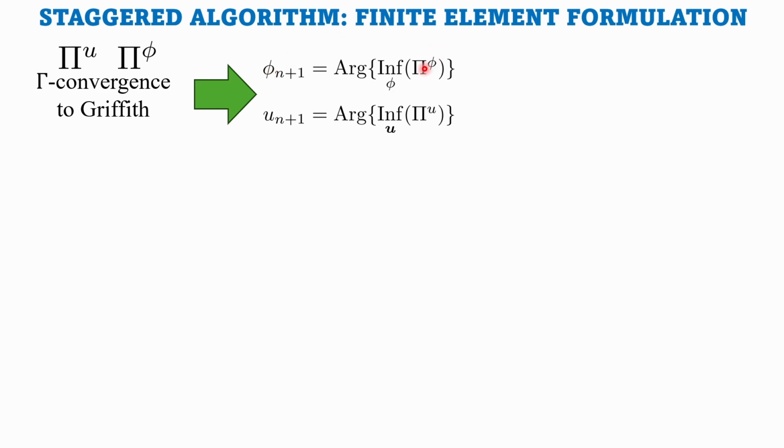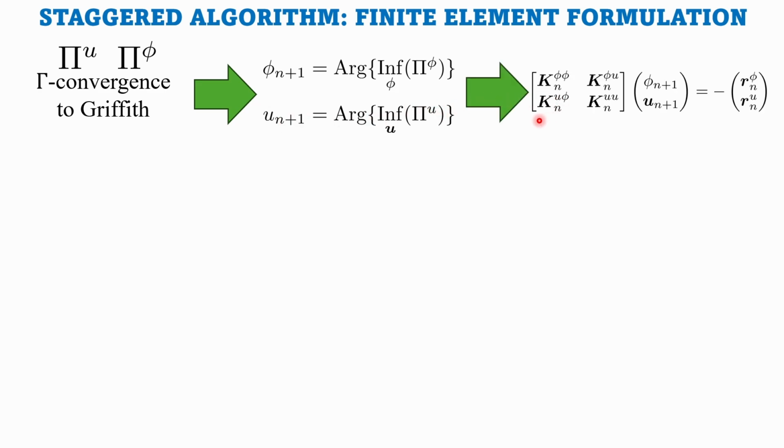That's why you have infimum of pi phi. The argument of it is essentially phi, and likewise infimum of pi u, the argument of it is essentially u n plus 1, or your displacement.